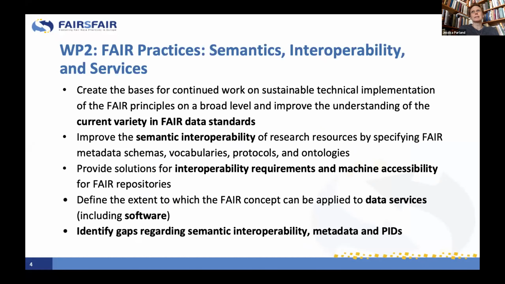We're looking at what it really requires to enable FAIR data. The FAIR data principles are written for FAIR data, but we need the whole ecosystem to enable that. So we need to also think what the implications are for services and repositories to enable this FAIR development.